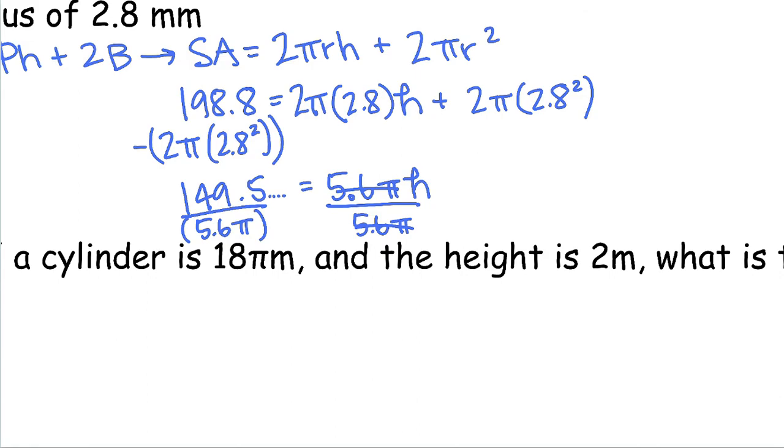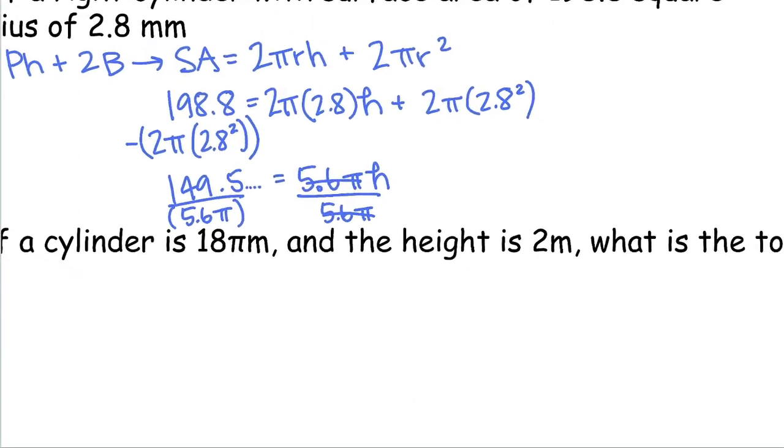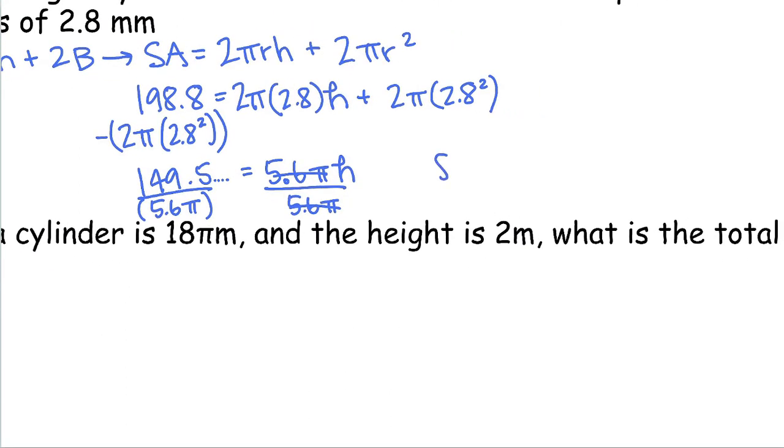So divide by parentheses 5.6 and then second π, and we end up with 8.5 and then a whole bunch of zeros. So 8.5 millimeters is our height.